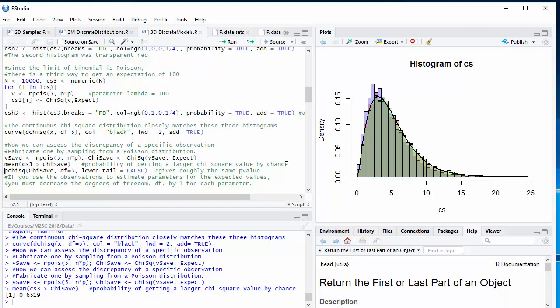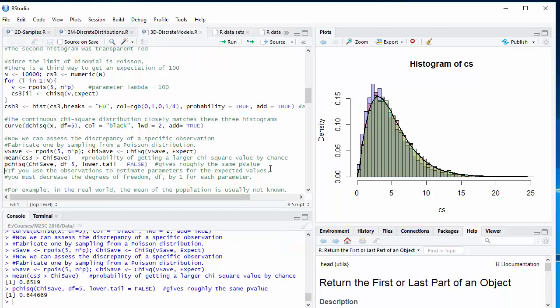If you ask what's the probability that the chi-squared distribution function with 5 degrees of freedom gives the same value, you get something that's very, very close to what you got from the histogram. Now there's a catch here.